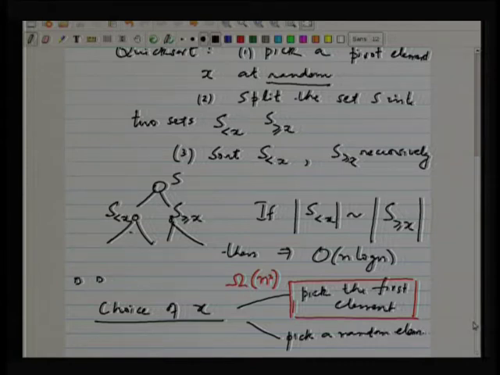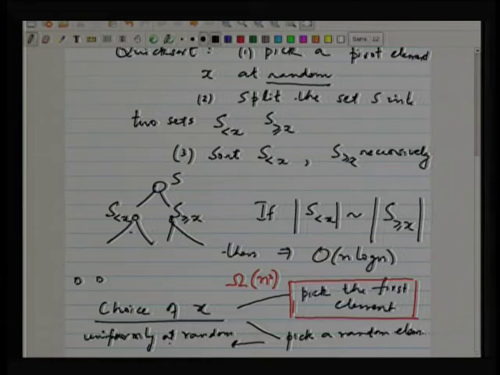If you pick a random element, let us say use a random number generator and choose any of these elements with equal probability, uniformly at random, then any of these n elements can get picked, and even the first element can get picked, but only with probability 1 over n, because all elements are likely to be picked as the pivot element.